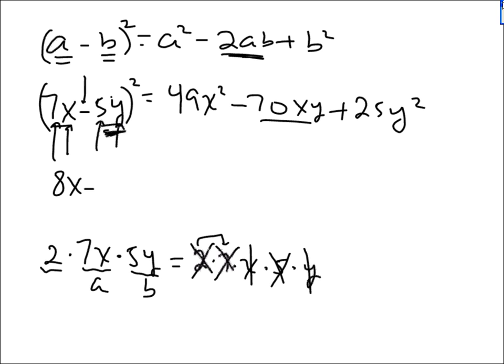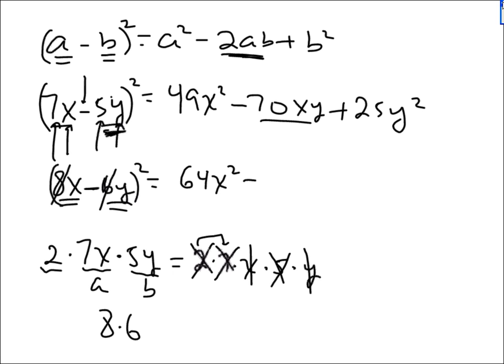How much is 8x minus 6y all squared? First, second, the minus in the middle. The first squared, 8 squared times x squared. Minus the product, 8 times 6 times 2. Now, what you want to do is try to not get beyond 12. You should know up to the 12 times table. 8 times 6 is 48.